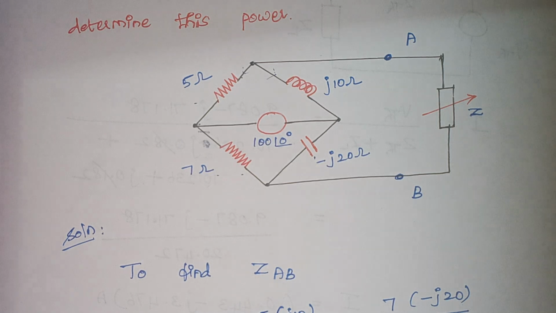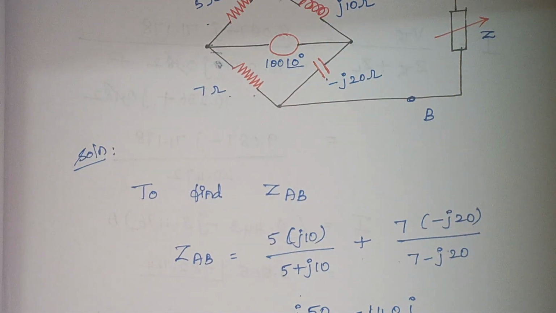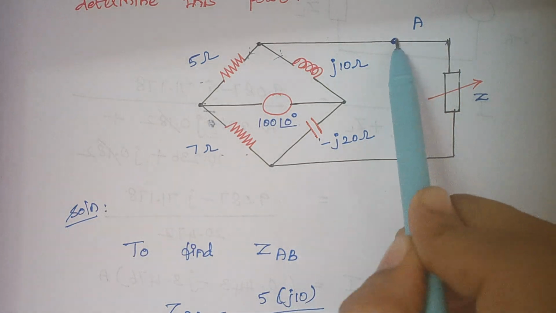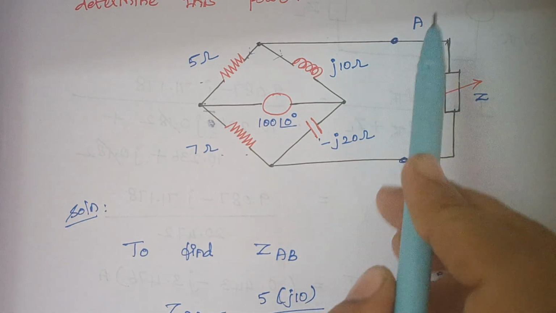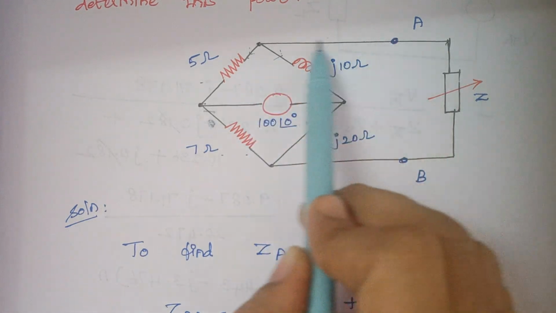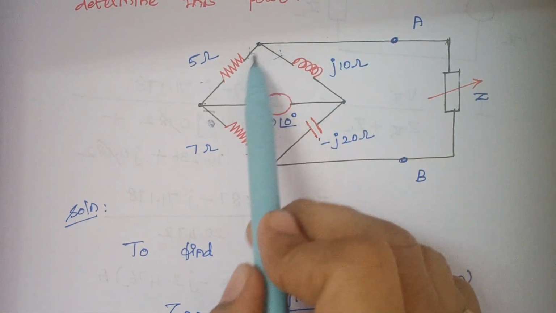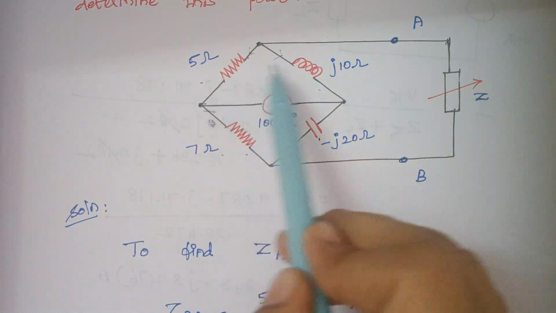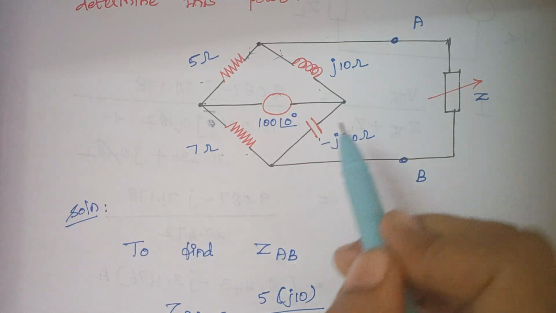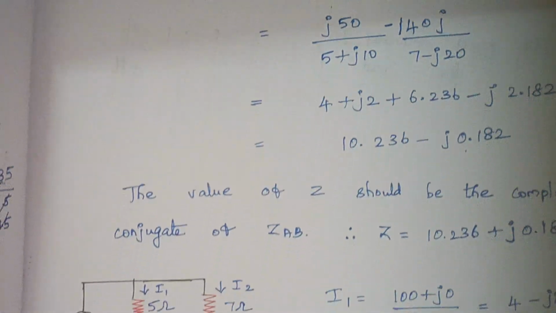So here in this case, you see again, right? Now observe carefully. We are having the terminal A, right? So just look at this. To this terminal A, we are having 5 ohm and J10 ohm, and they are parallelly connected, right? So here again the same case.